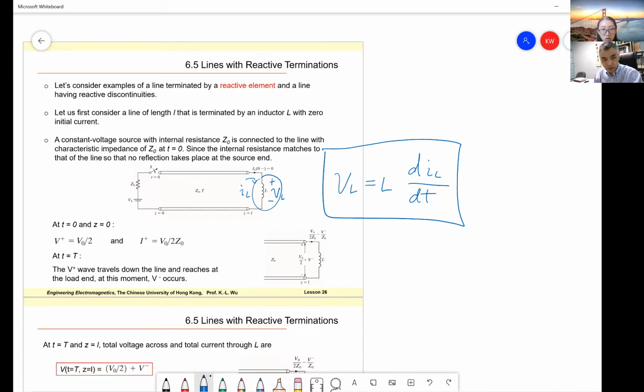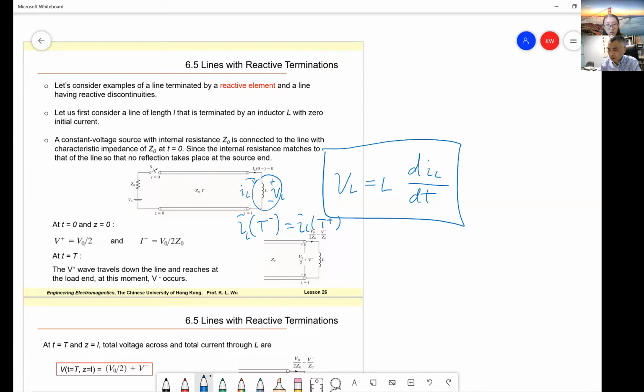From the definition, the voltage is proportional to the derivative of current versus time. What that means is the current must be continuous across time: the current at time t minus must equal the current at t plus.